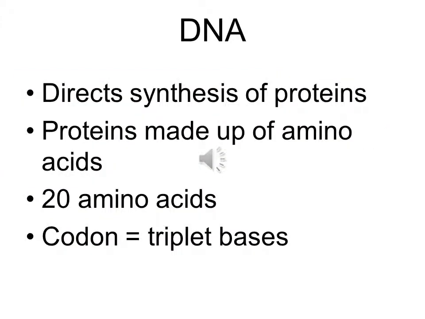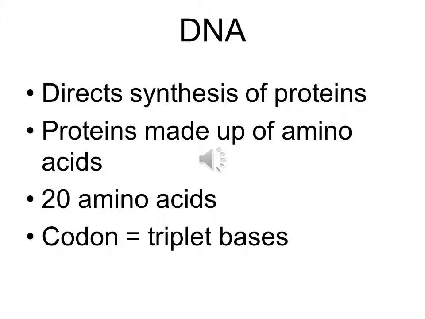One of the main things that DNA does is it directs the synthesis of the body's proteins. These proteins are made out of amino acids, and there are 20 different amino acids that are found in the body. Yet, there are only 4 different bases in the DNA molecule. So this means we cannot have one base being the code for one particular amino acid.